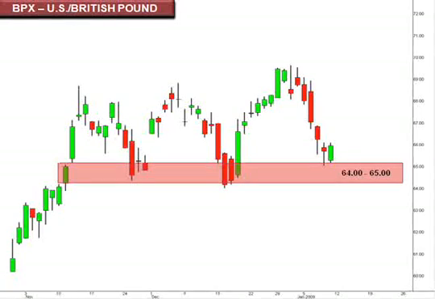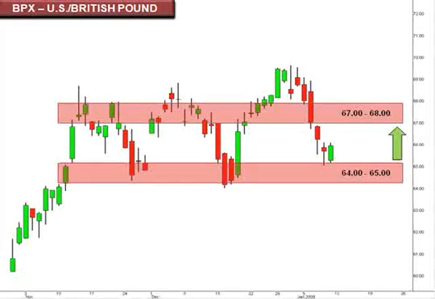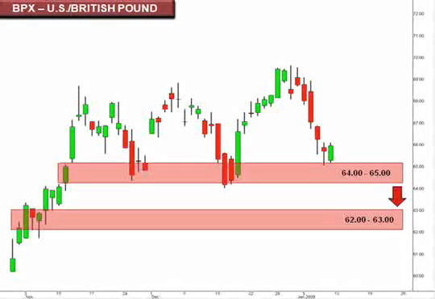Now, we're currently testing the upper range of this area, and given the strong close on Friday, we're open to the possibility of a test back into the 67-68 range. Although a bit of a retracement is to be expected after such an aggressive move, a break below 64 would likely yield a test all the way down to this lower support level identified between the 62 and 63 pair values.